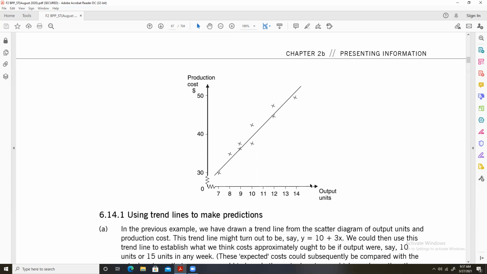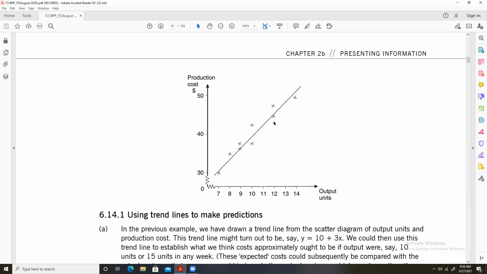Like here in this example, we can easily tell by looking at this diagram that the more output we produce, the more will be the cost. So the two variables are directly related to each other.